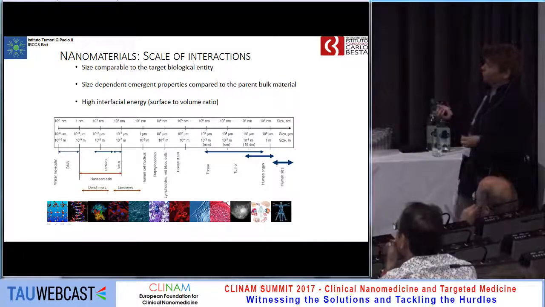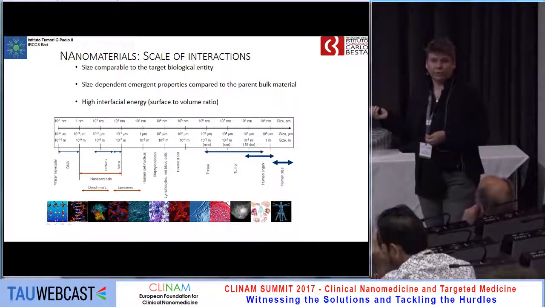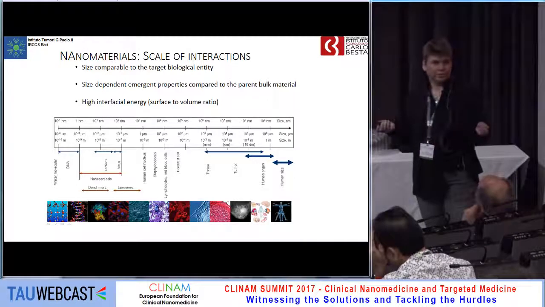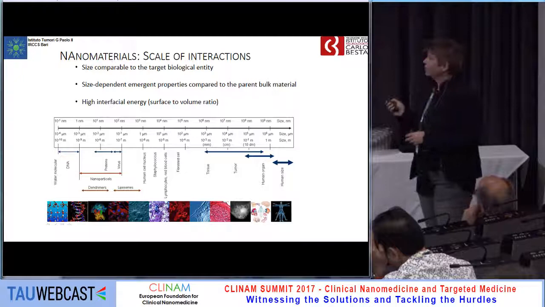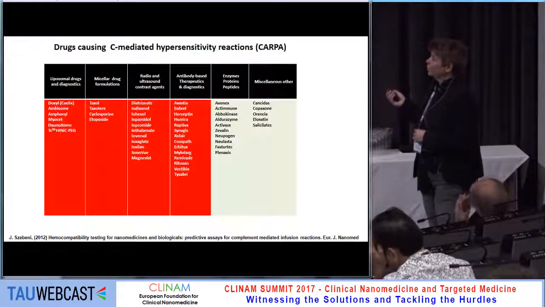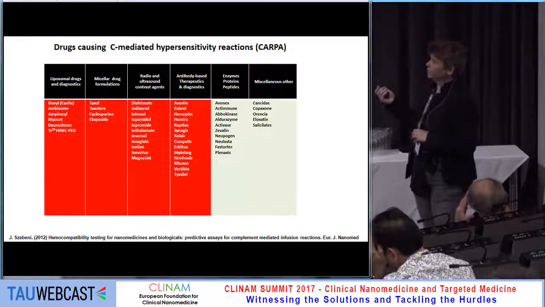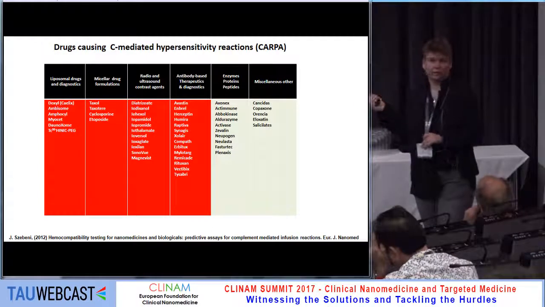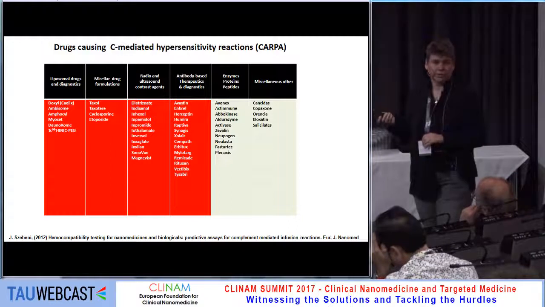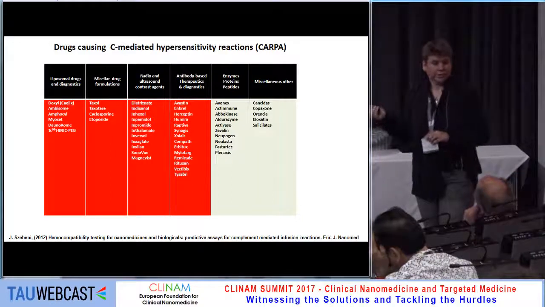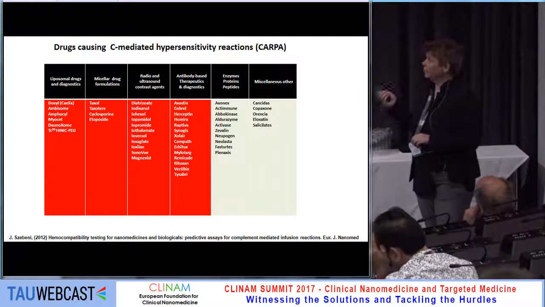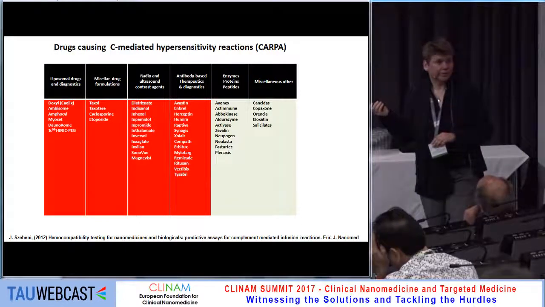So the main problem is that we are dealing with materials which are more or less the same size as biological entities. You already have seen that Janusz did a study and revealed that most of the already approved drugs are actually showing kappa, mainly because they are pegylated.